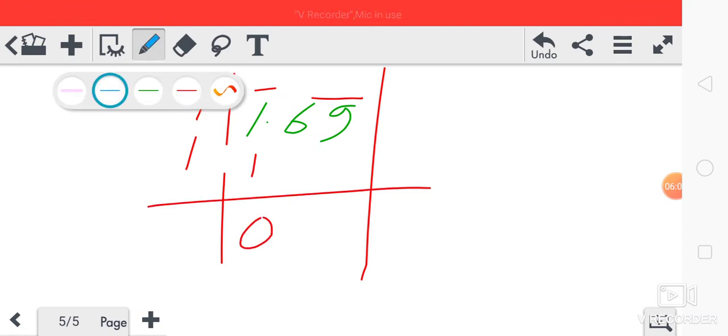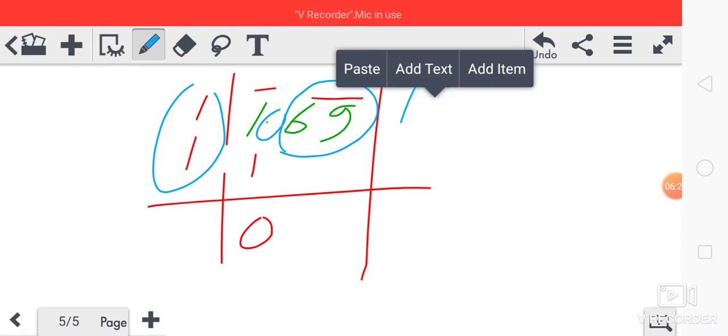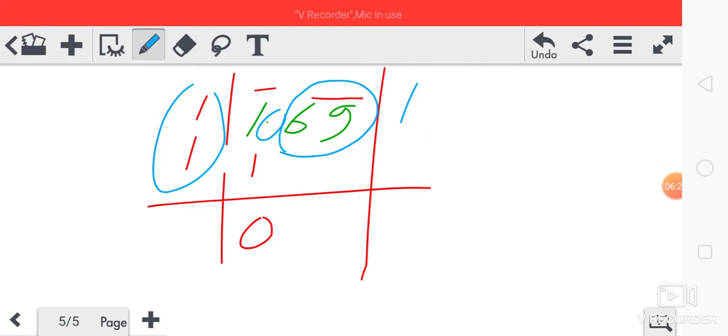Now you can see decimal is there, so already this 1 into 1, on the right side also we have to take 1. Now here decimal is there. To bring these two digits down, we have to put a decimal here. Okay, we have to put a decimal here.